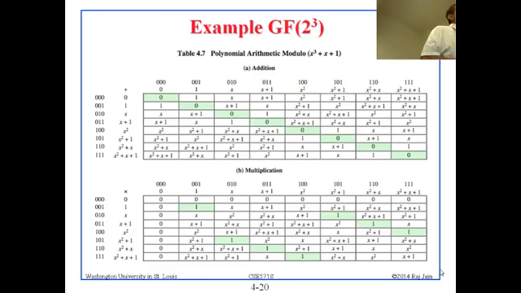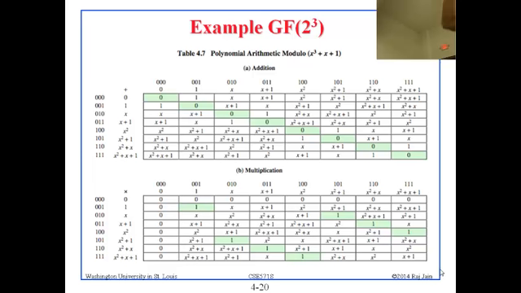Yeah. Why is that polynomial x cubed plus x plus 1 the one that you're using for long division? Yeah, so this whole table is based upon that polynomial. If it's a different polynomial, it will be different. Right? And there are many polynomials which are irreducible, which are prime, in this 2 to 3.